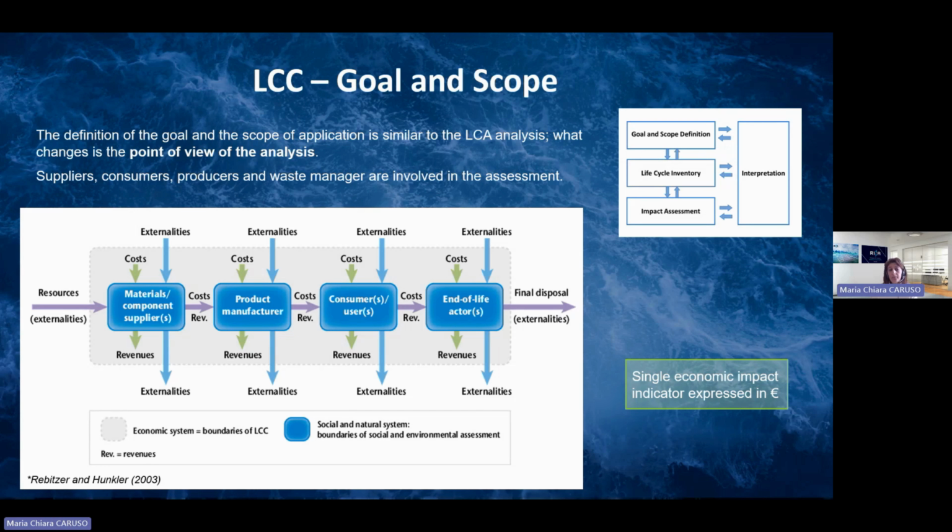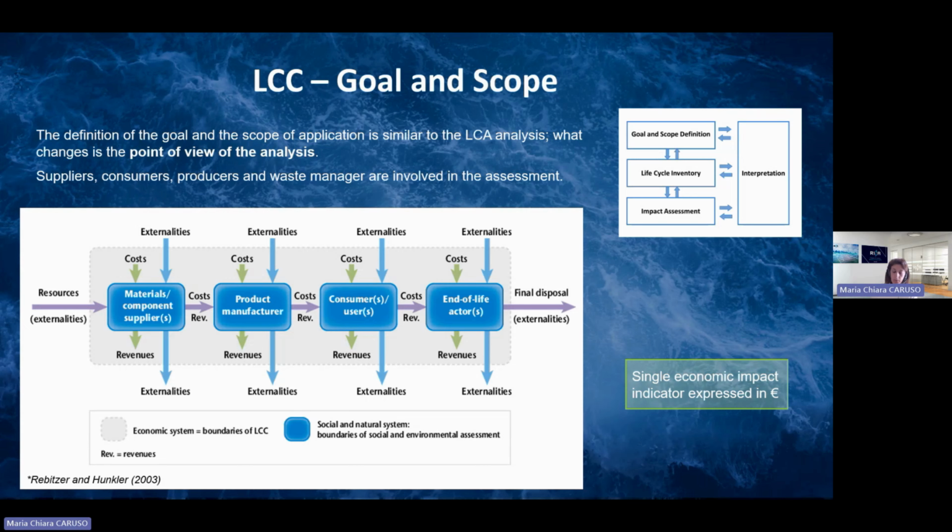And moreover, in this stage, it is not important to have the conversion that we mentioned before during the life cycle impact assessment, because the economic impacts are expressed in euros.